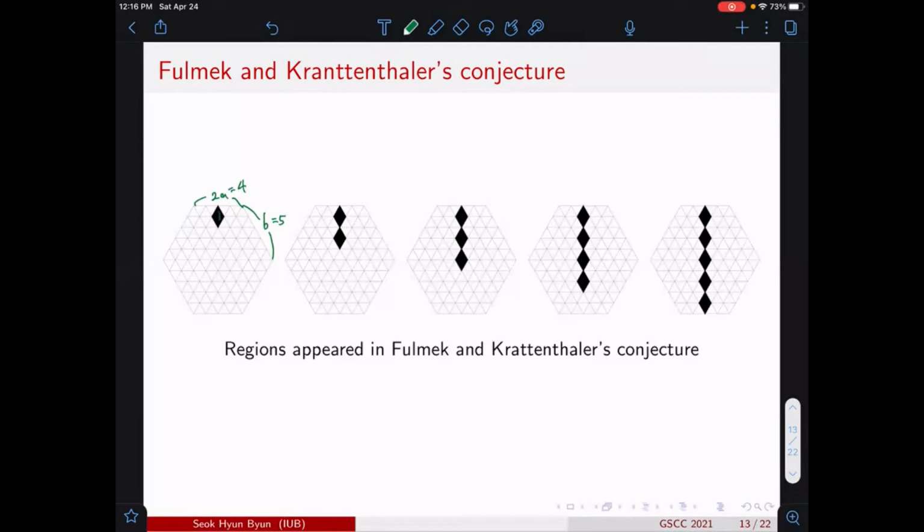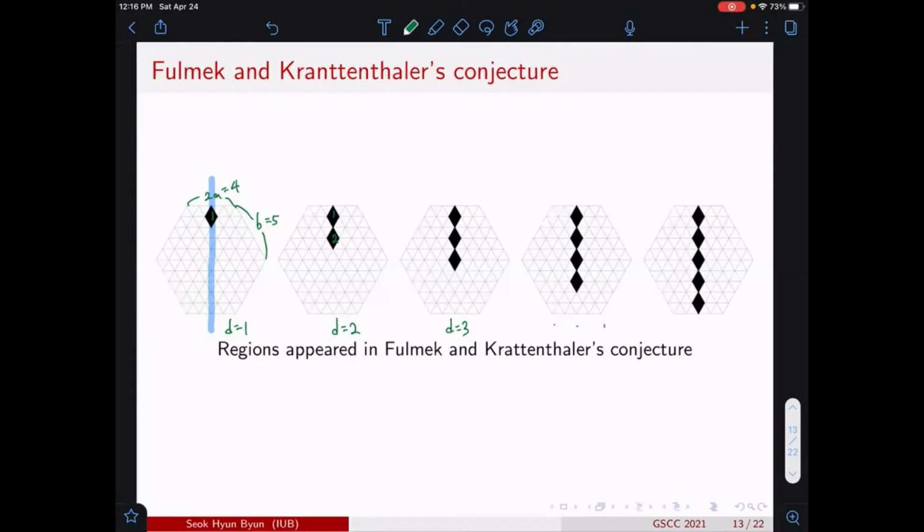In this case, on the symmetry axis, they remove a single lozenge on the top, so D is equal to 1. And then on the second picture, they remove 2 of them. So D is 2, D is 3, and so on. So the conjecture of Fulmek and Krattenthaler enumerates the number of lozenge tilings of such regions.